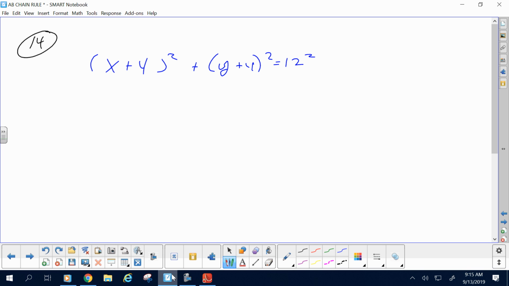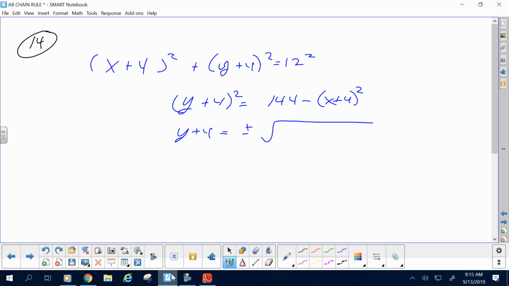So if I want to graph the top half, I want to solve this for y. (y plus 4) squared is 144 minus (x plus 4) squared, and then y plus 4 is plus or minus the square root of 144 minus (x plus 4) squared. Don't you even think about square rooting each of those parts individually. That's 100% not true. And then y is negative 4 plus or minus that. Now if it's top half, bottom half, then the top half would be negative 4 plus the square root. So that's the first part of the problem.